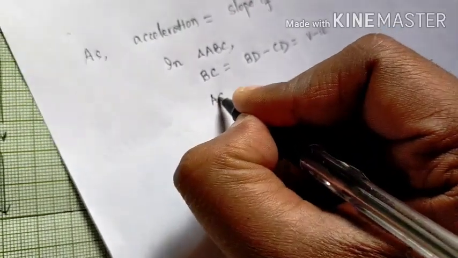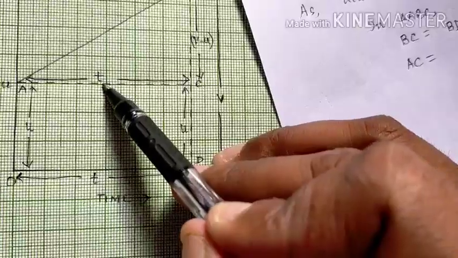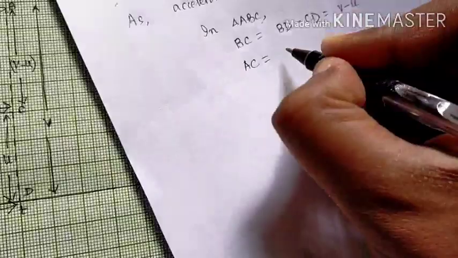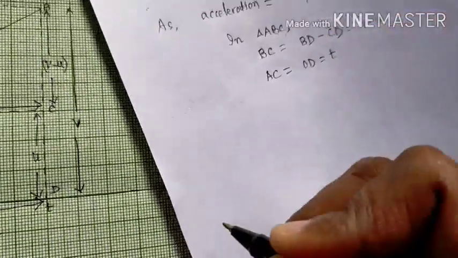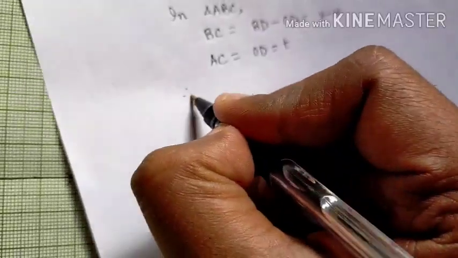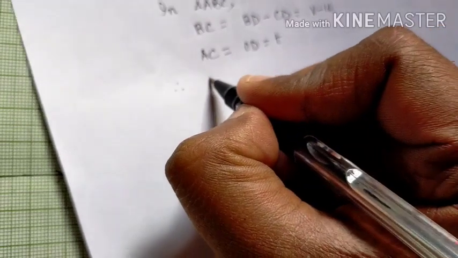Now the base AC is equal to OD, so that should be equal to T. So now we can substitute the values.